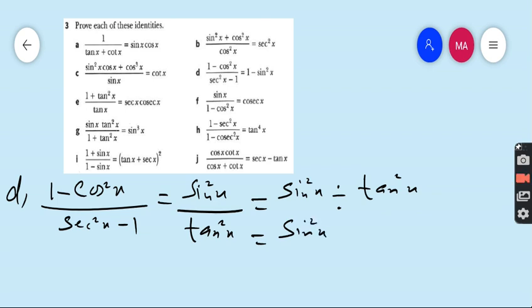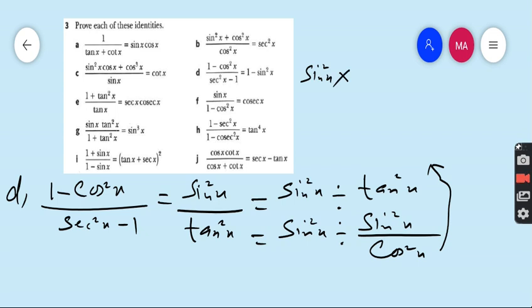Sin square x divided by tan square x is what? Sin square x upon sin square x upon cos square x.